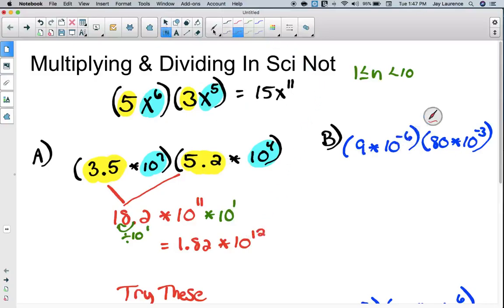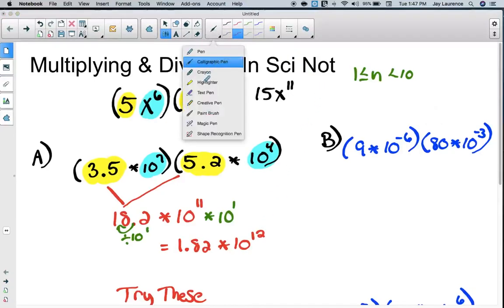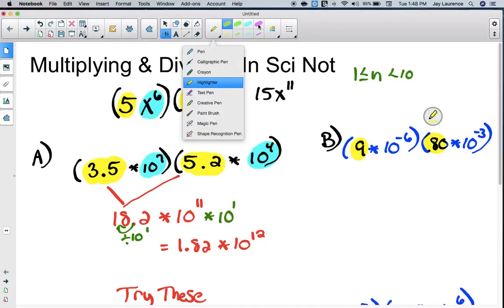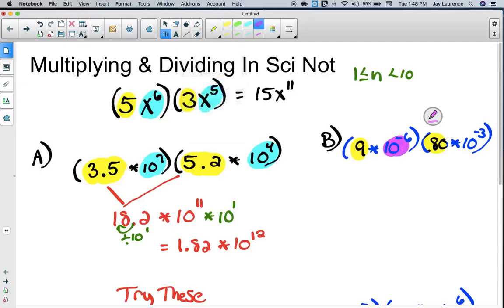Okay. Now when I go to do this next one, problem B, it's very much the same thing. I'm going to multiply the 9 times the 80. And I have to multiply the 10 to the negative 6th by the 10 to the negative 3rd. Okay? And so when I do that, I'm going to get 720 times 10 to the negative 9th.